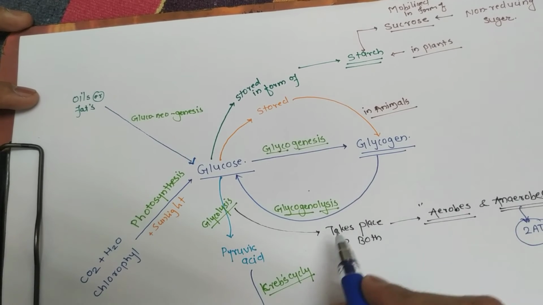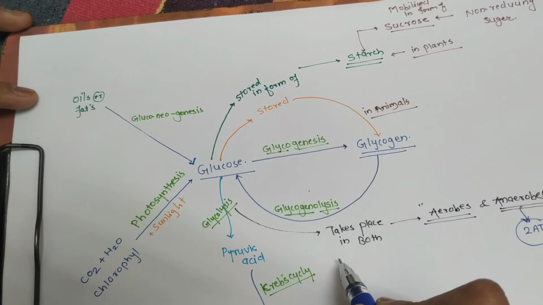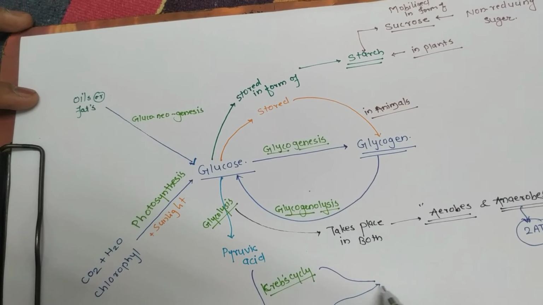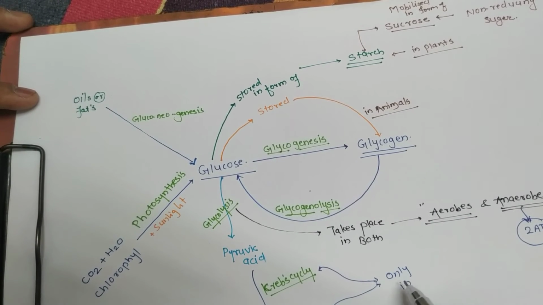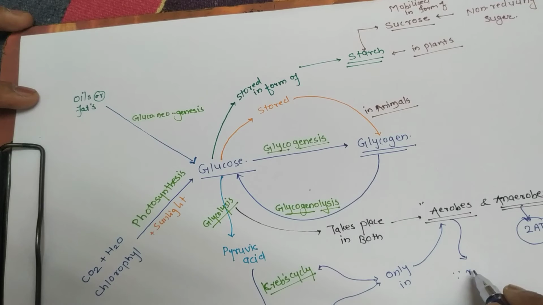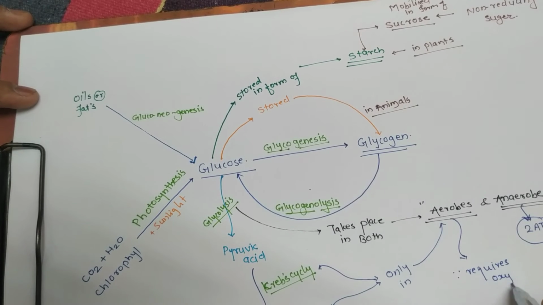And for the anaerobes, the Krebs cycle and ETS are not present; they are only in aerobes because of oxygen, because they require oxygen.